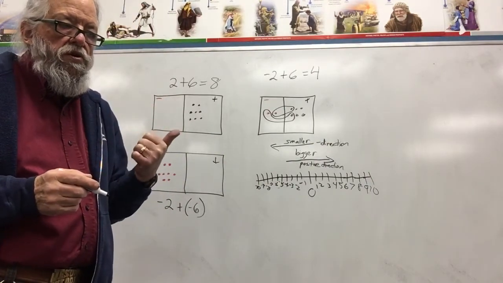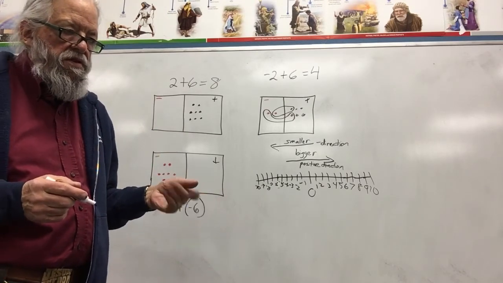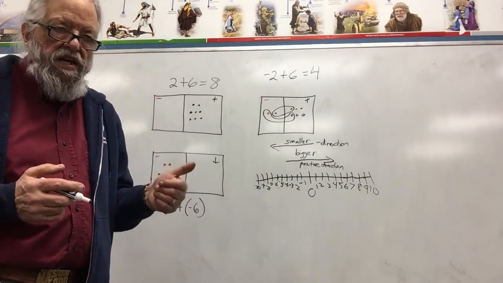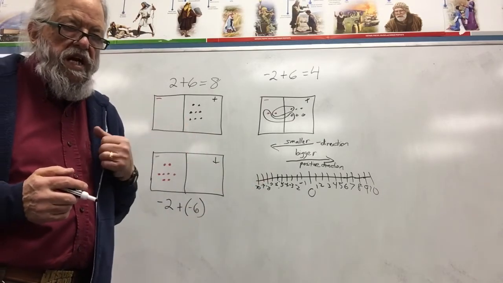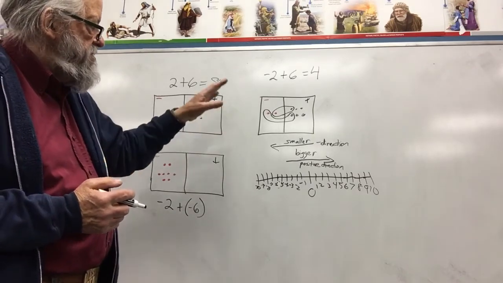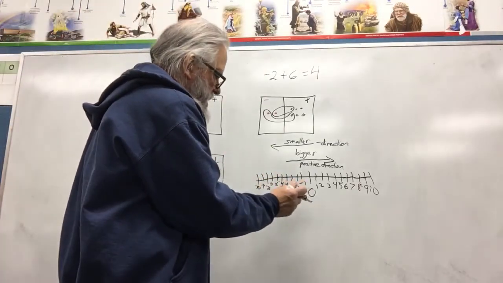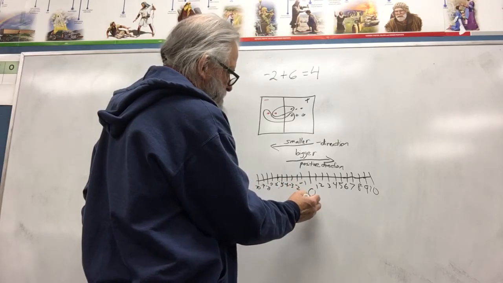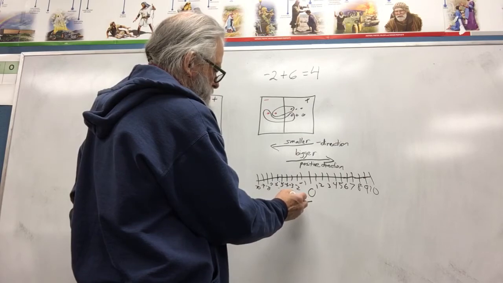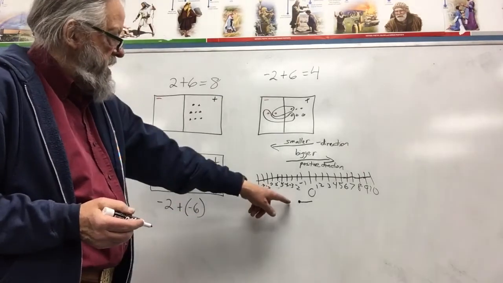So when you're adding something, if you're adding a positive, you're going to go in the positive direction. If you're adding a negative, you're going to go in the negative direction. So, taking a look at this same problem here, all right? What they're showing you is, start at 0, and you go to that place. So that's -2.